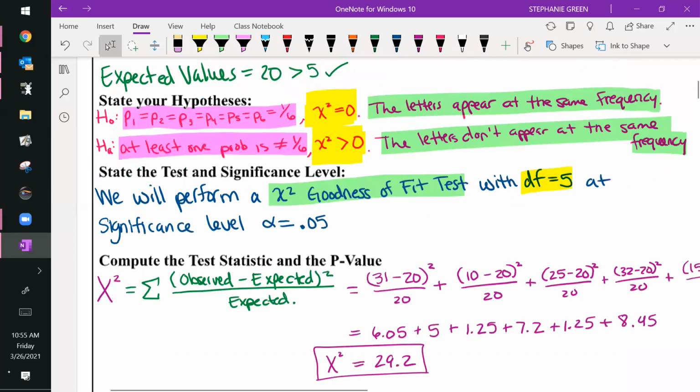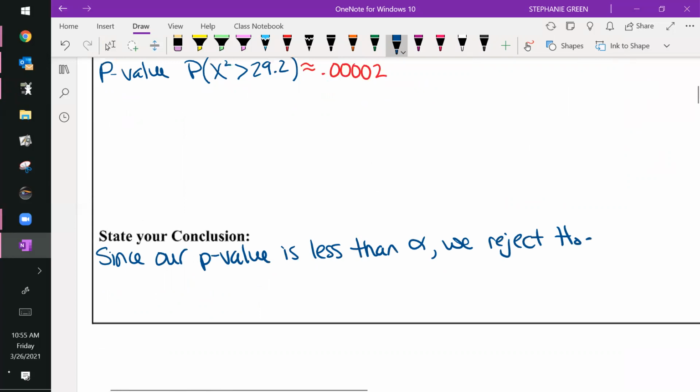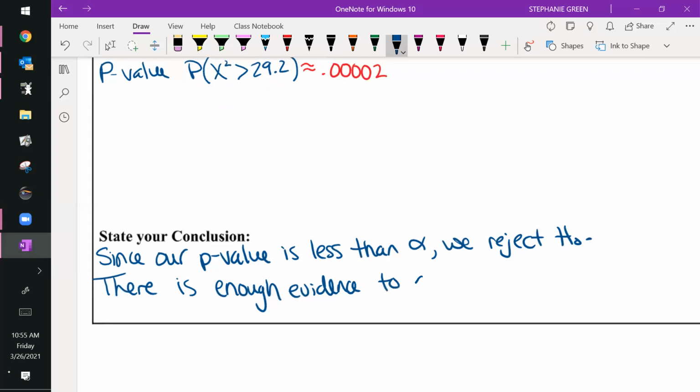Rejecting our null hypothesis supports our alternative hypothesis. So we can say this: the letters don't appear at the same frequency. There is enough evidence to conclude that the letters do not occur at the same frequency.